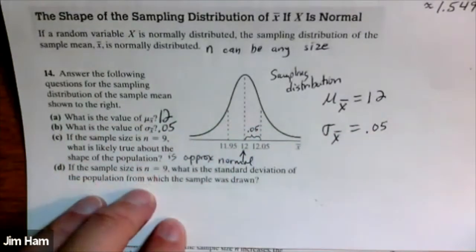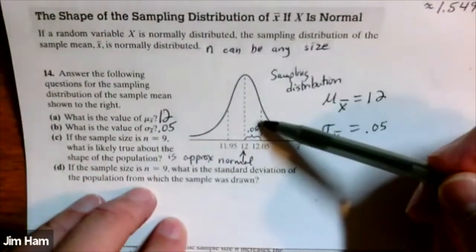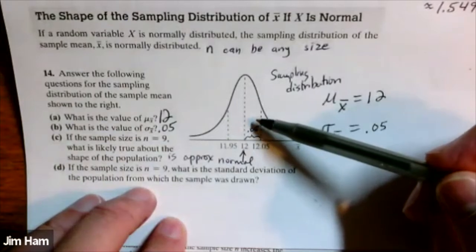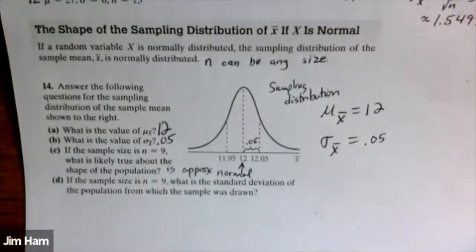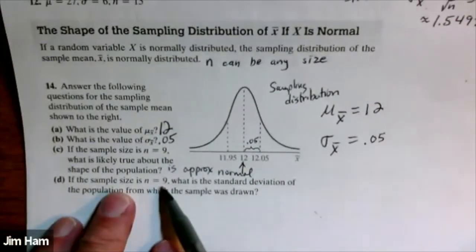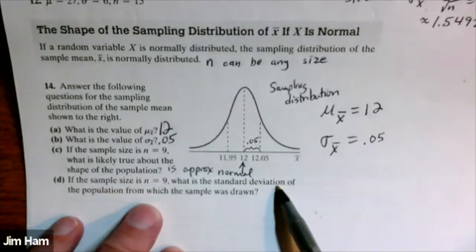Because our sample size was not large enough to yield a normal sampling distribution in all cases, if we do get a normal looking sampling distribution, then probably the original population distribution had to be normal. And if the sample size is 9, what is the standard deviation of the population?